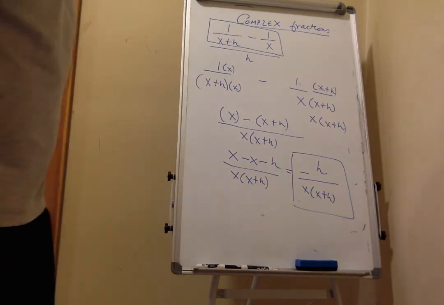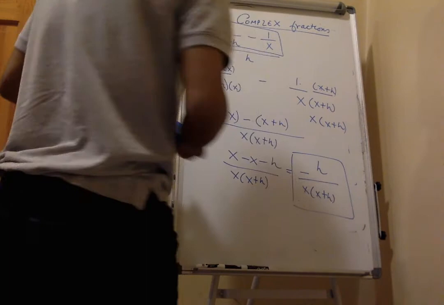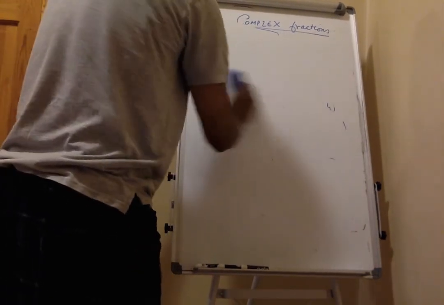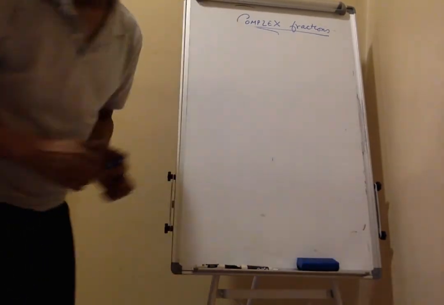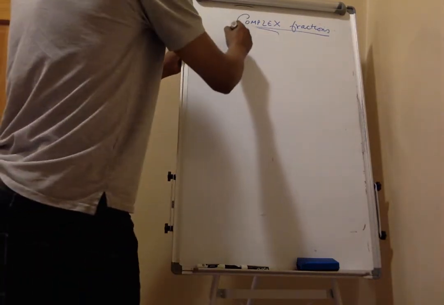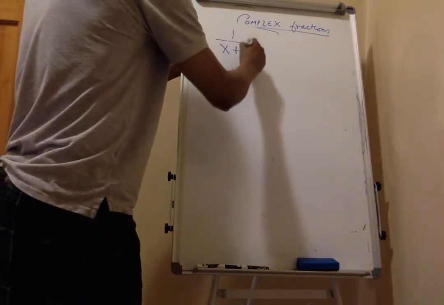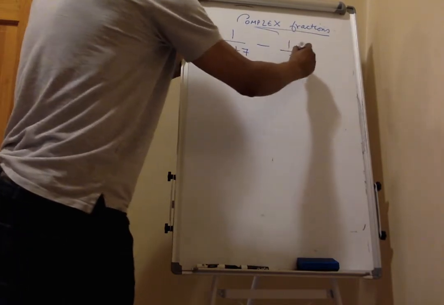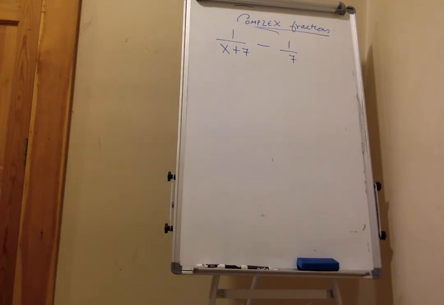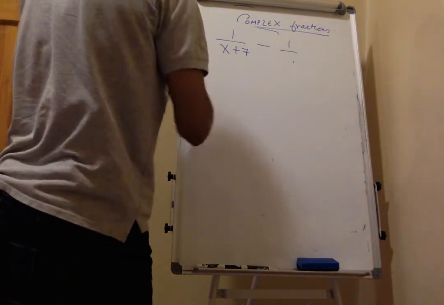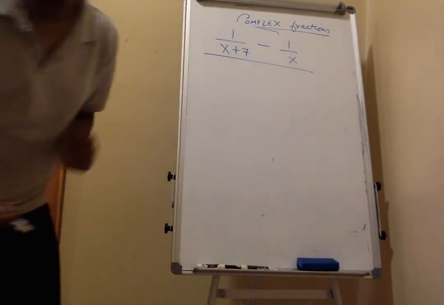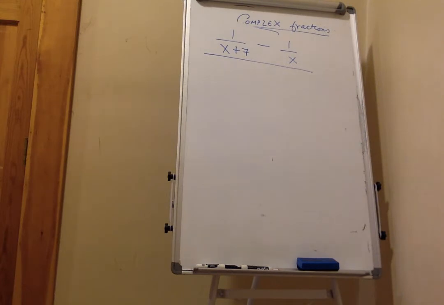Let me do one more of this. Suppose you have 1 over x plus 7 minus 1 over 7, over 7. Wait, that is: 1 over x plus 7 minus 1 over x, all over 7.